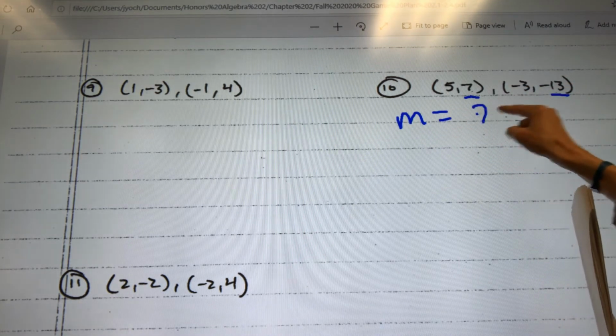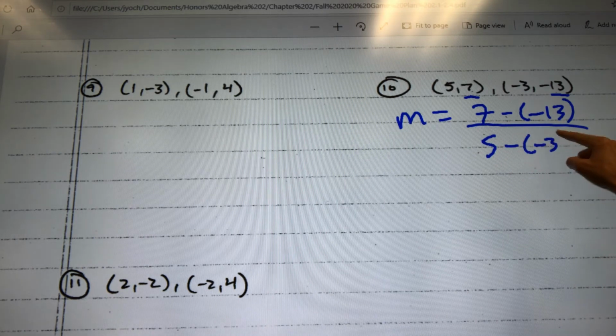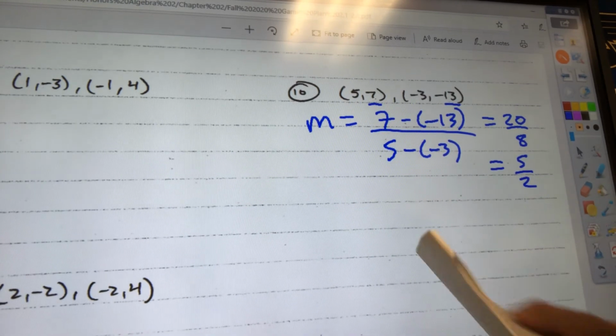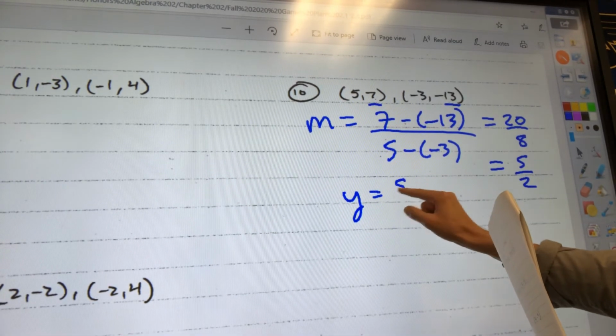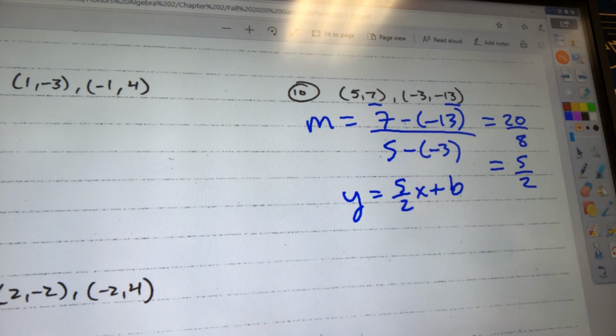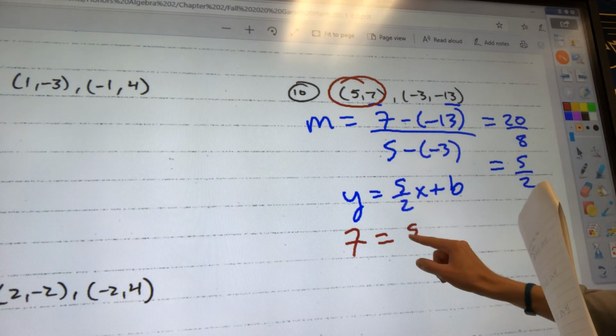So the slope is 7 minus negative 13 over 5 minus negative 3. 20 over 8, which is 5 over 2. Another fraction. Y is 5 over 2x plus b. Well, you might get fractions. Sometimes they multiply out. So this one doesn't. I'm going to use the one that's in the first quadrant there.